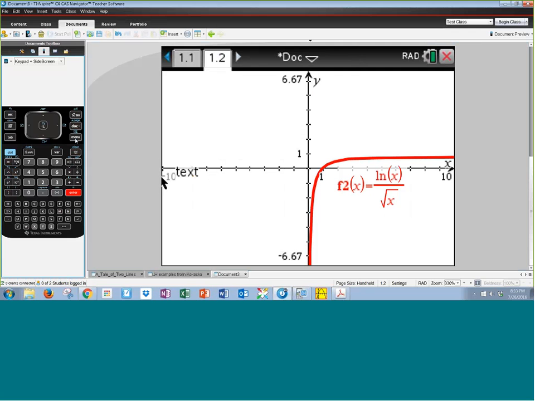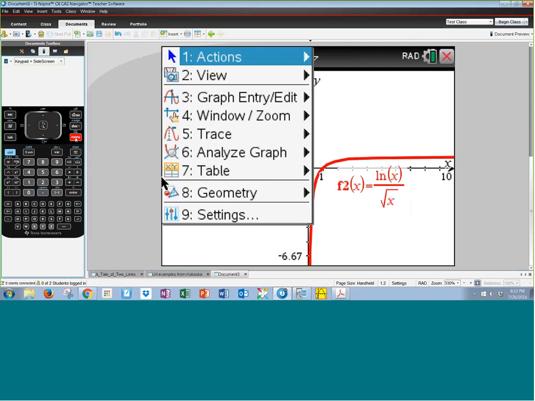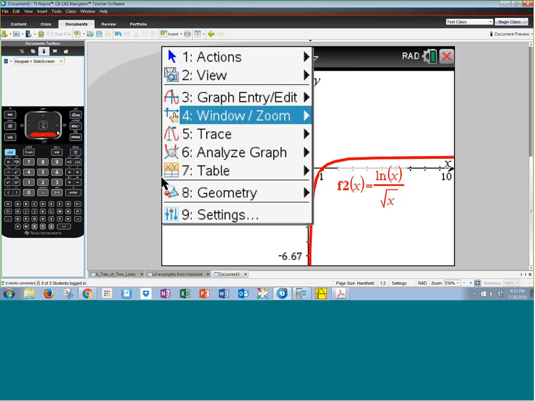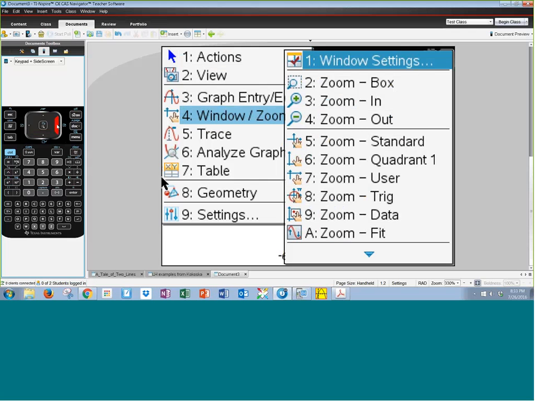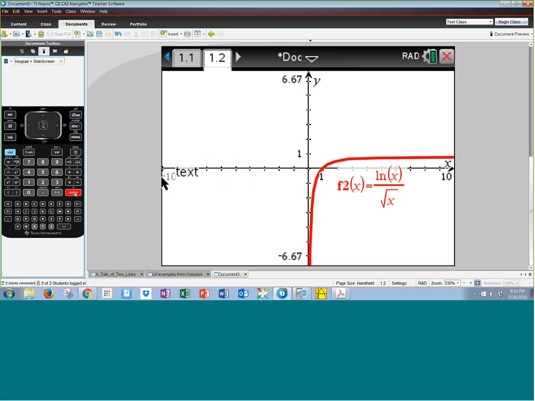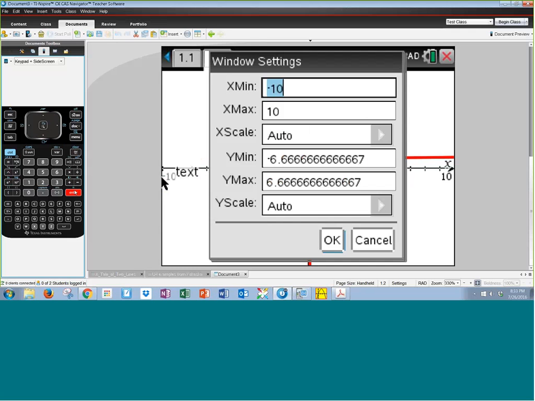Under menu, if you go down to the fourth one, window zoom, and then go to the right and see what options I have, here you have window settings. Essentially that would do the same thing as how I did it a while ago when I clicked on the X-min, X-max, Y-min, Y-max.